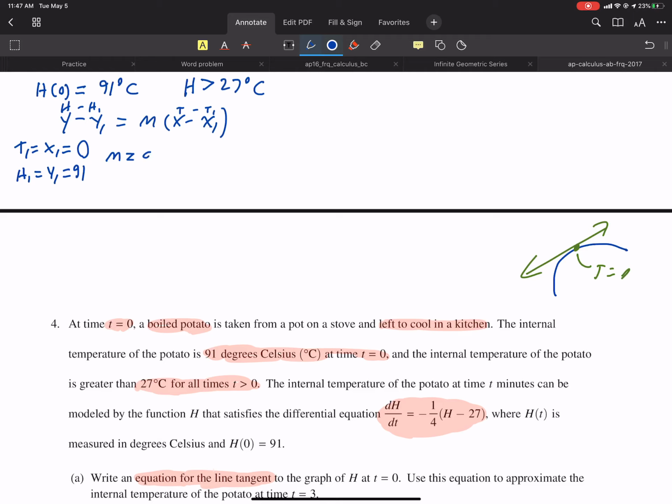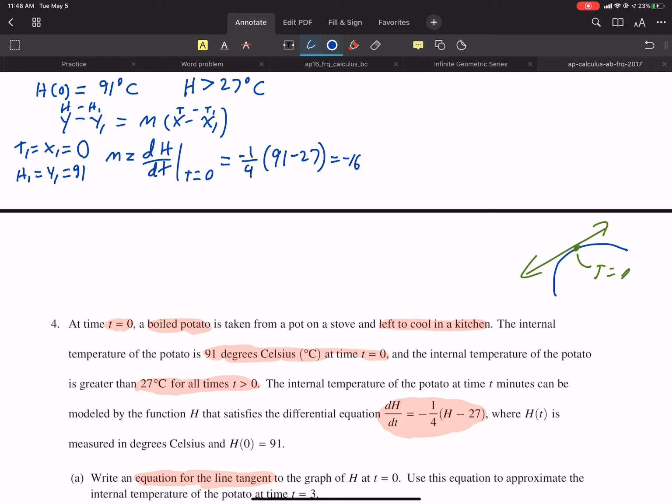Well, golly gee willikers, hopefully by now you know it's dH/dt, and we want that when t is 0. Okay, so we start plugging that information in. If you look here, there is no t. But when t is 0, we know h is 91. So we're going to get this. You could leave your answer just like that. You don't have to simplify.